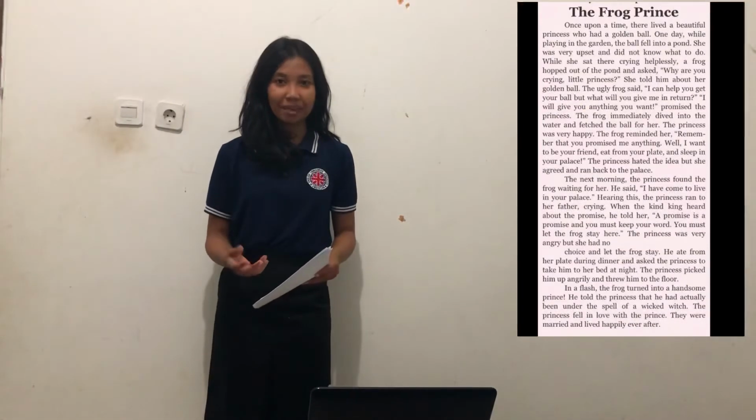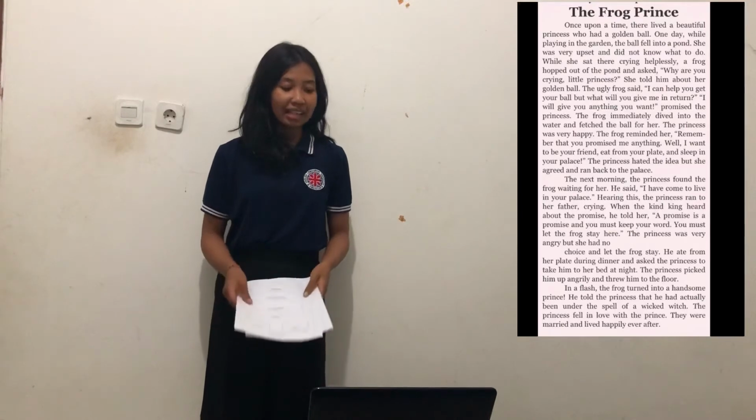For the next instructions, please listen to me carefully. I will explain the steps for doing this exercise. The first one, you will work in pairs and you are free to choose your friends. The second one, I will show you one example of a narrative text. The third one, I will give each group a paper with a diagram of story mapping.